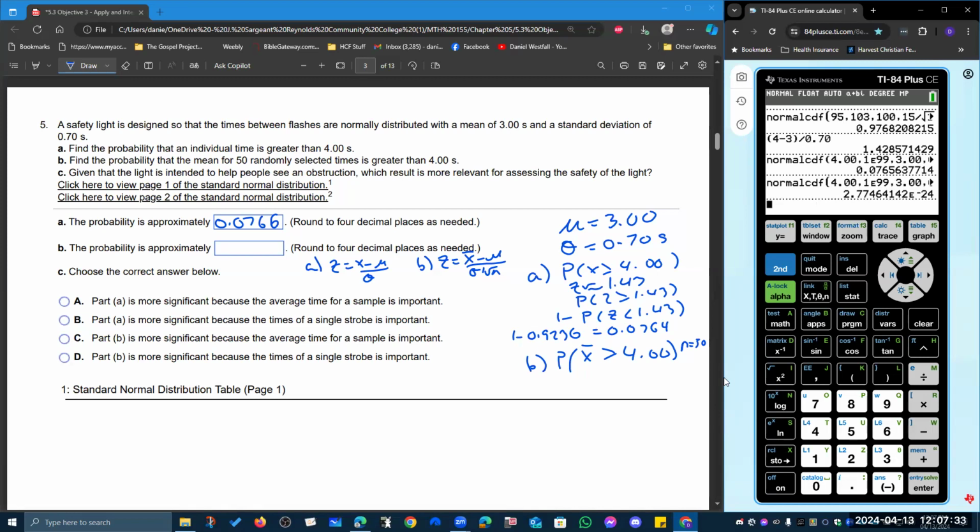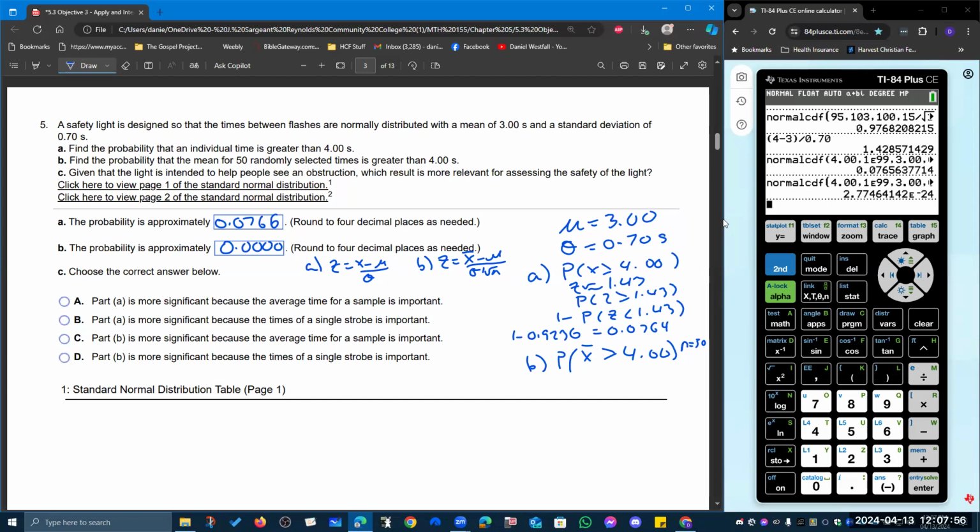And we get a very small number here that is a 0 with 23 zeros in front of that 2. So we're going to make this 0.0000, rounding to 4 decimal places.